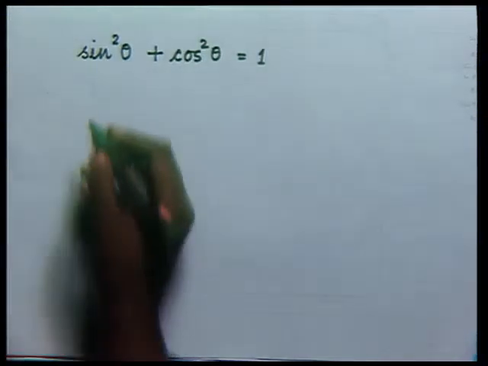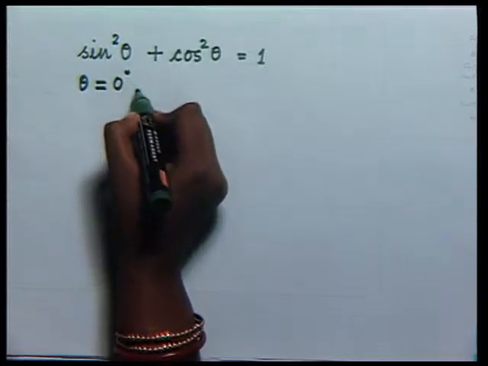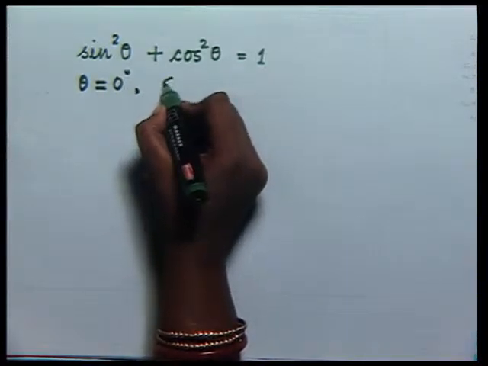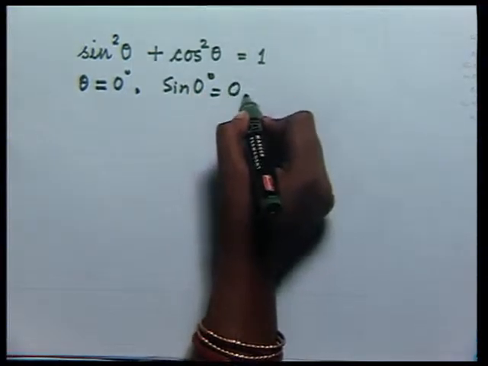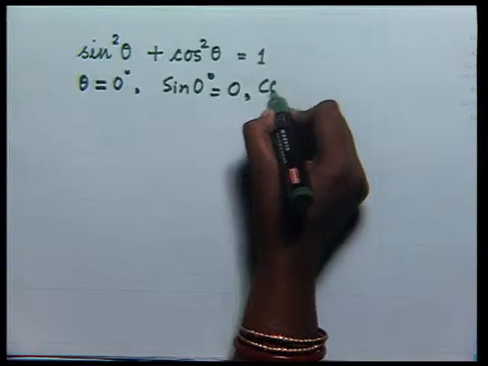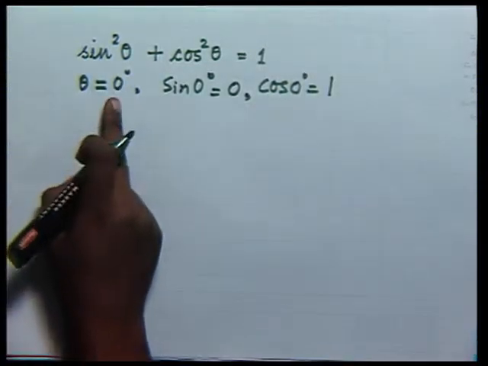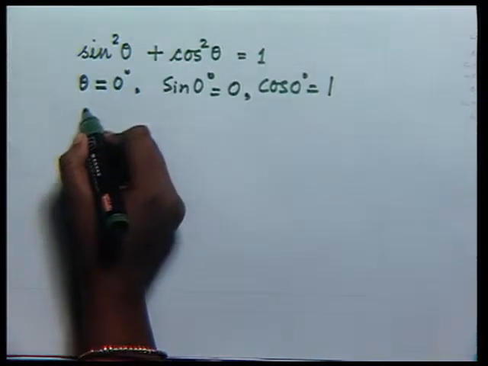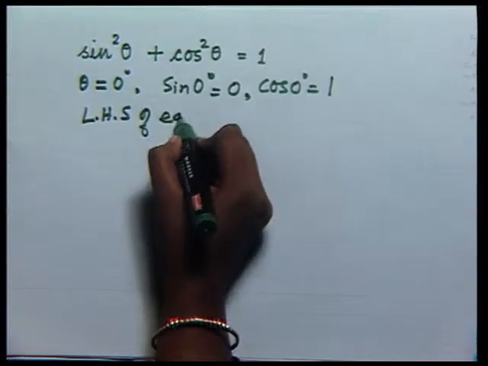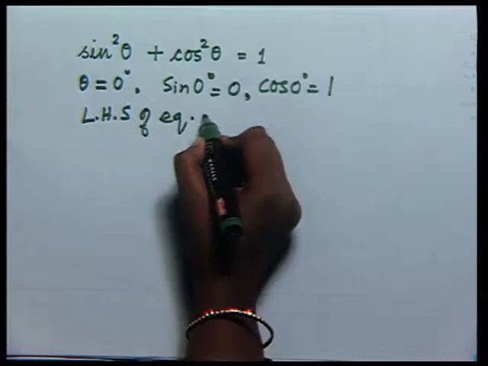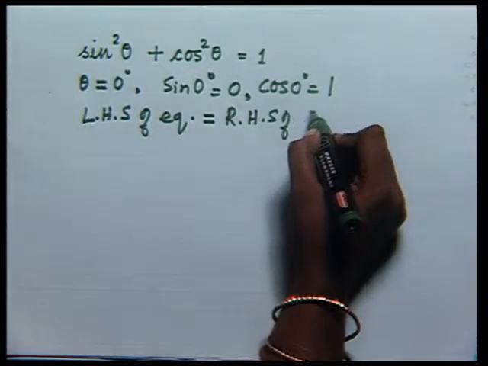Here, if theta is equal to 0 degree, then we know that sine of 0 degree is equal to 0 and cos of 0 degree is equal to 1. So, for theta equal to 0 degree, we find that the left hand side of the equation, in short I am writing LHS, is equal to the right hand side of the equation.